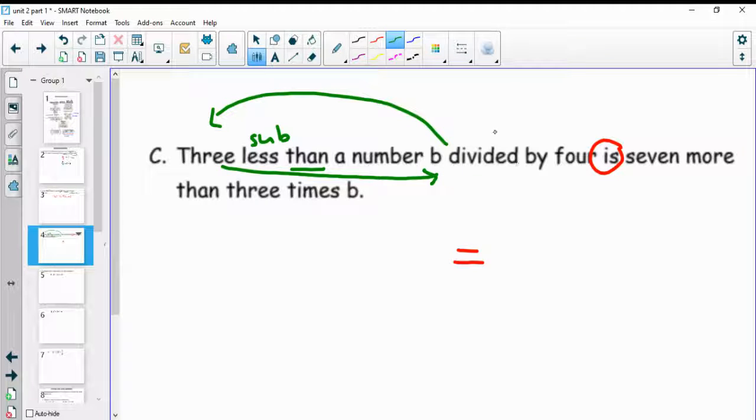Divided by means division. So now as we translate this, b divided by 4 is going to be the first thing we record. Less, so minus 3.